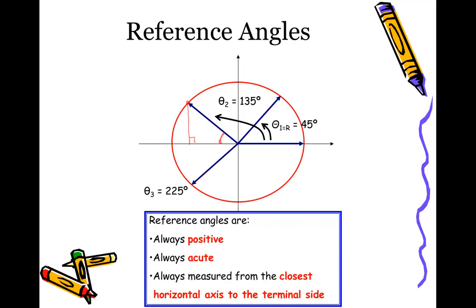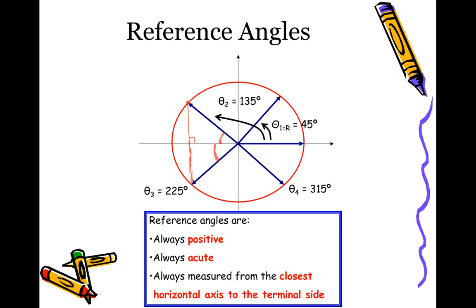If I go down here to 225 degrees, I would again want to drop a perpendicular to the closest horizontal, not the vertical, the closest horizontal, and then think about, well, what is this angle? Because that's my reference angle, right? And again, I'll check that out. It's 45 degrees. I can do one more. This is 315, right?